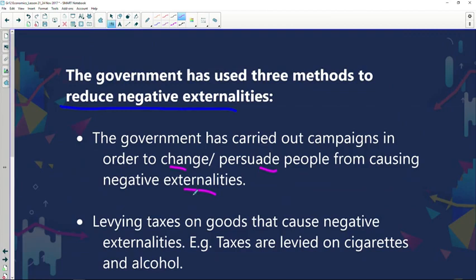So that's the one thing that the government has done. With drinking, especially around the festive season and the Easter holiday season, there are a lot of campaigns creating awareness that once you have consumed alcohol, do not drive your car and be on the road, whether you are a driver or a pedestrian, because of the negative implications around that decision.